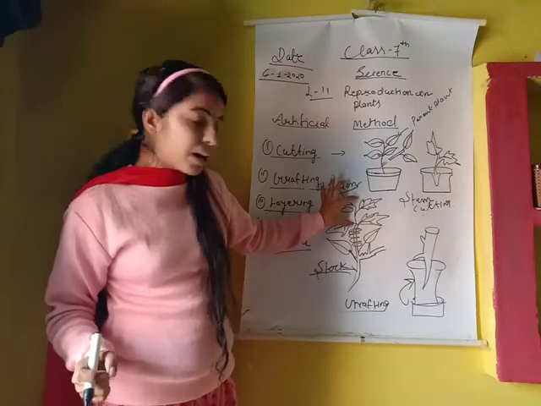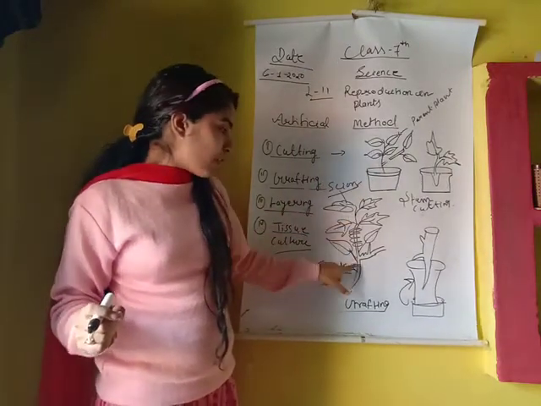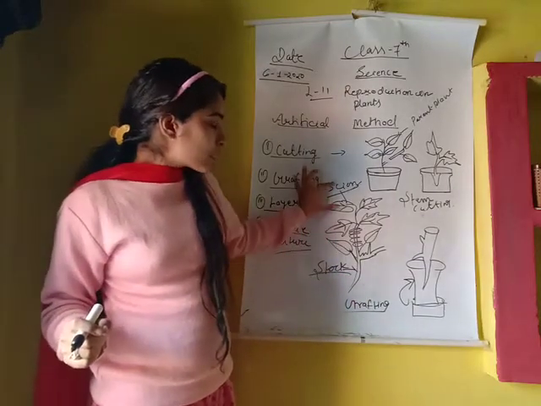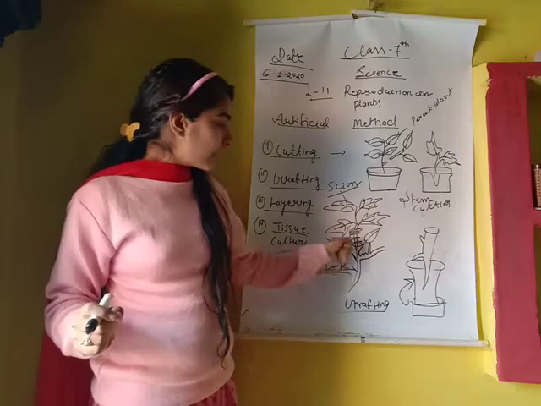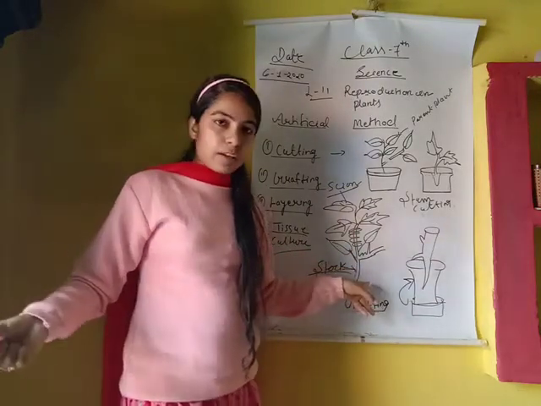This one is the bud plant which is known as the scion, and the second one is the other plant which is the stock. So the stock and scion are combined together tightly, and then after that it is grown in a pot or soil.